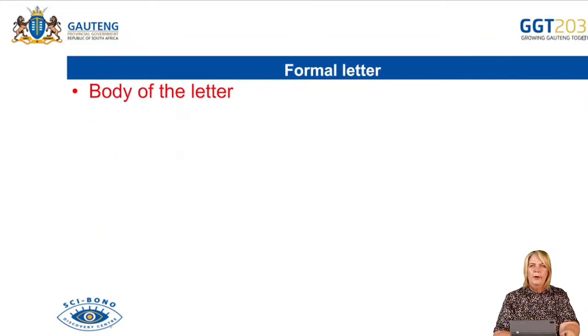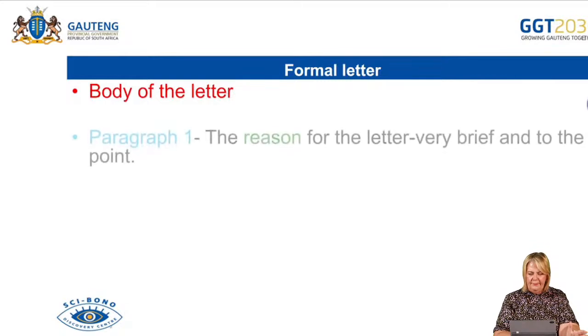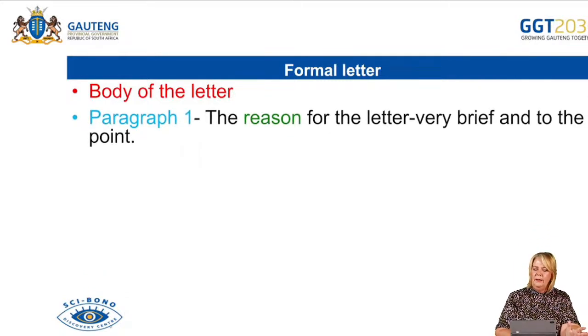Let's take a look at the body of the letter. Now remember, we said it must be concise, it must be clear, to the point. Paragraph 1, the reason for the letter. Very brief and to the point. Remember, you're not here to make friends. You are writing this letter to address a problem or to introduce yourself in terms of a letter of application, for example.